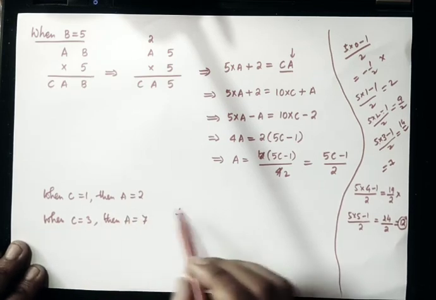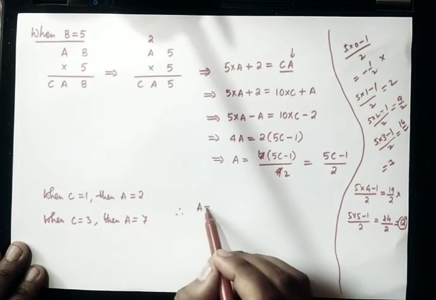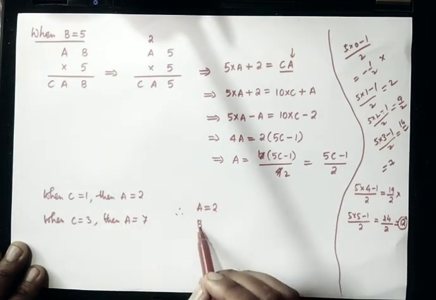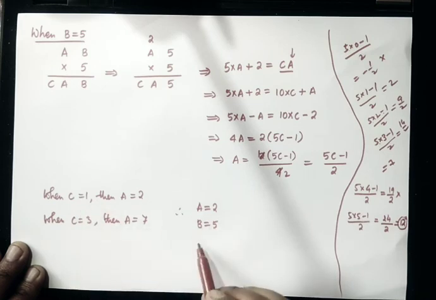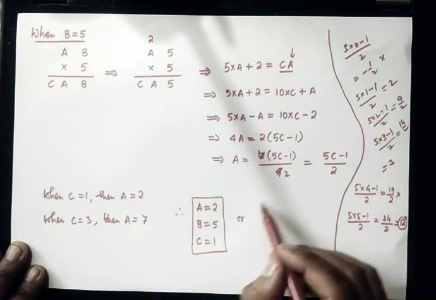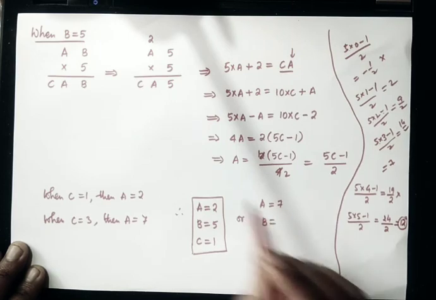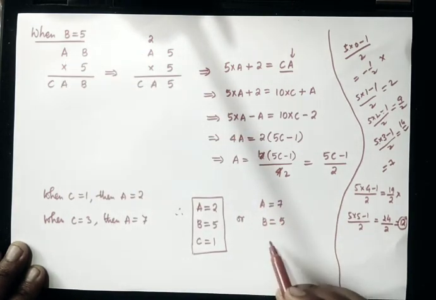So when B is equals to 5, then A will be 2, B is 5 as I said, and C is 1. So this can be one of the answers. Okay, or we can have A equals to 7 when B was 5 and C is equals to 3.